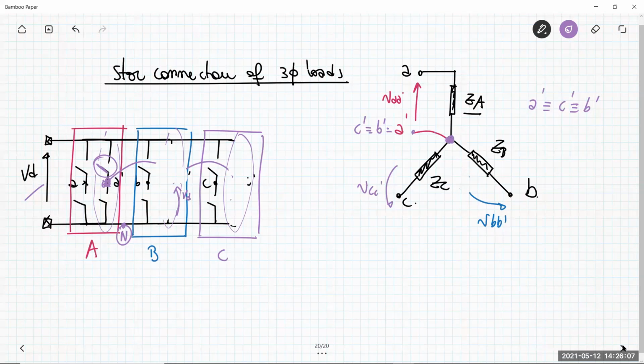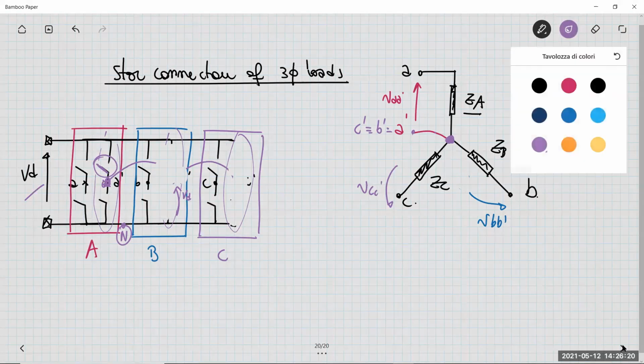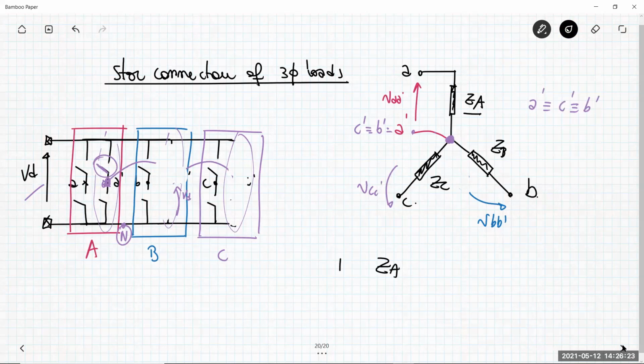This node here, which is connected in this way, has a specific characteristic, especially if you are in the situation in which you have three identical loads. If zeta A is the same as zeta B, and it is the same as zeta C, a situation that we can call a load in equilibrium, then the current flowing out of this node is exactly null.